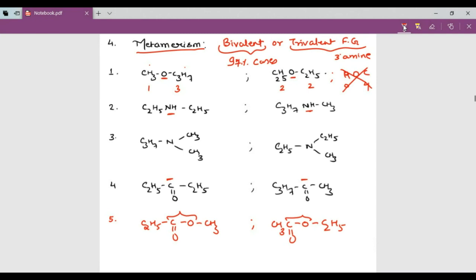Okay, so see amines, 2-degree amines, a similar example. In a 3-degree amine, of course, there are more choices. So C3, 1 and 4, 2, 2 and 1. So different types of distribution, 3, 1, 1 to 2, 2, 1. Okay, then it is metamerism.